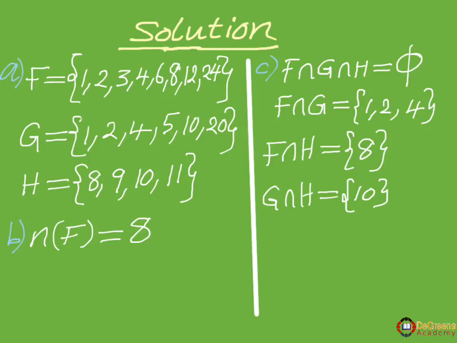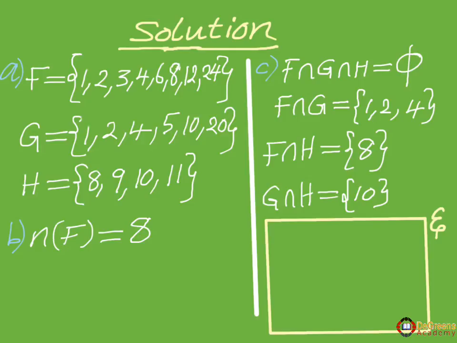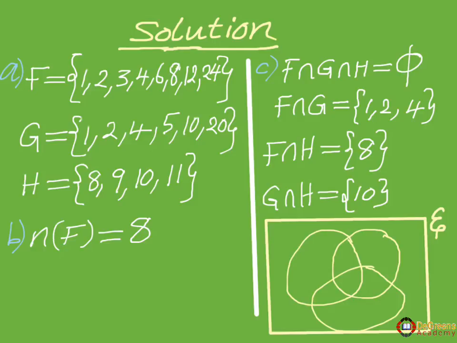Now we said to draw a Venn diagram, the universal set is represented using a rectangle. In this case, we have 3 sets, F, G, and H. To draw the Venn diagram, we start with the intersection of all three sets.